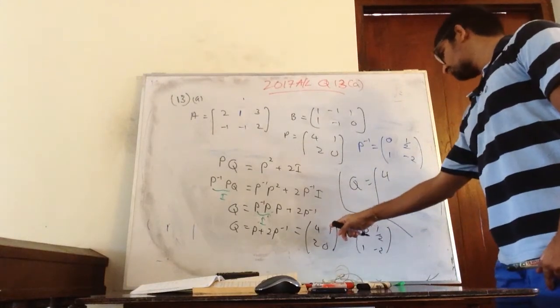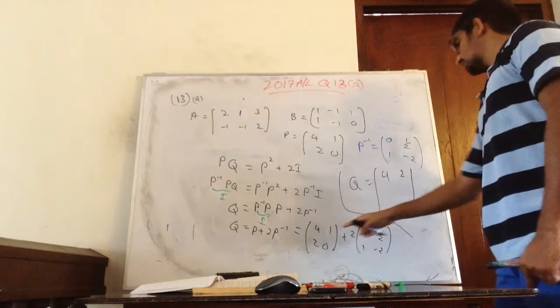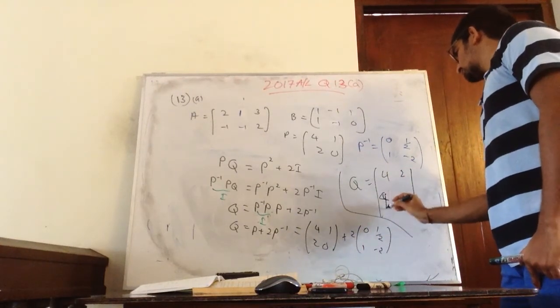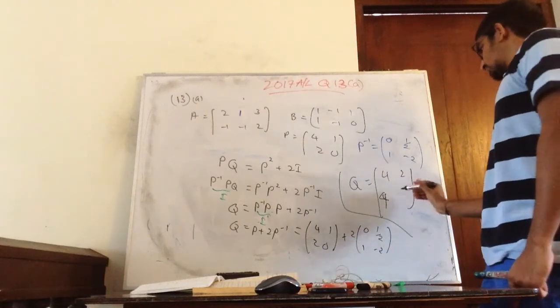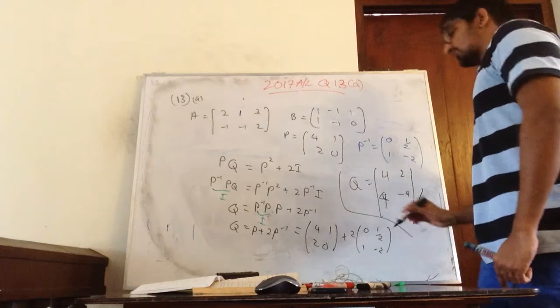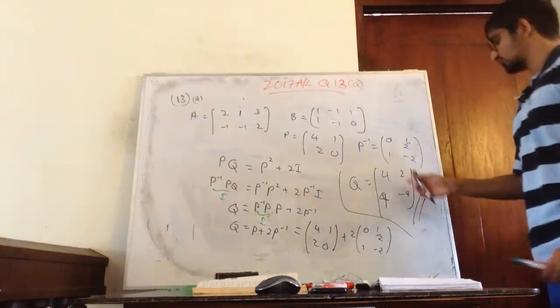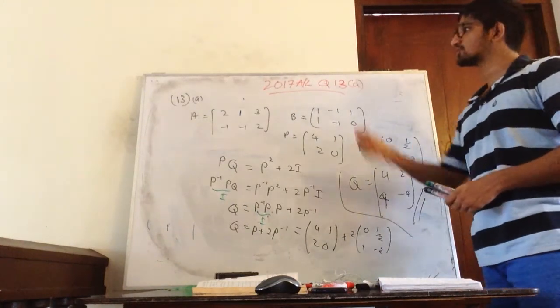So then you get 1 plus 1 is going to be 2. 2 plus 2 is going to be 4. Then 0 plus 2 times minus 2 is going to be minus 4. So this is the answer you will get for Q. Right now? So that basically ends the matrix question as well.